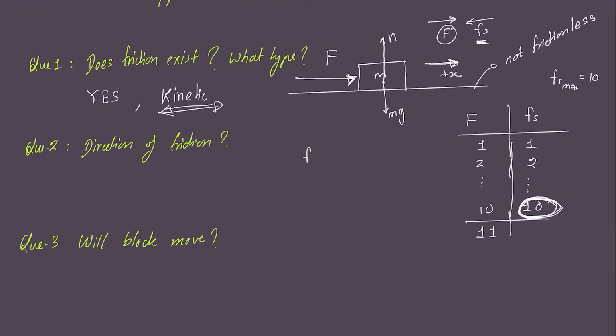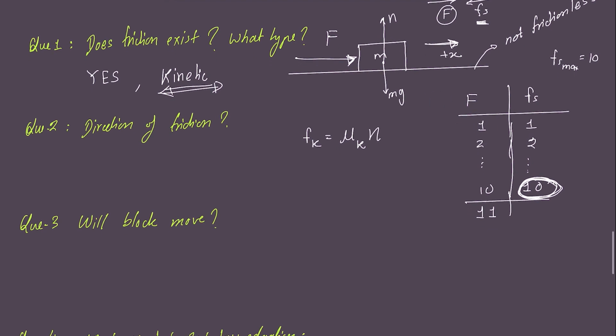That kinetic friction will of course be given by mu k, the coefficient of kinetic friction, times the normal reaction. And the direction of friction always opposes the tendency of motion or the motion. So if the motion is to the right, because F is greater than fs, that means the kinetic friction is in the left direction.